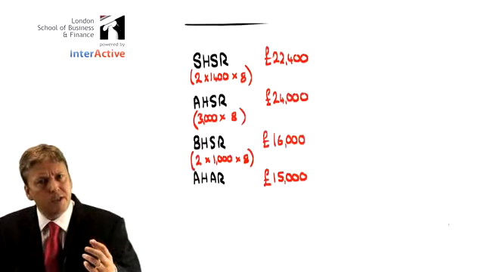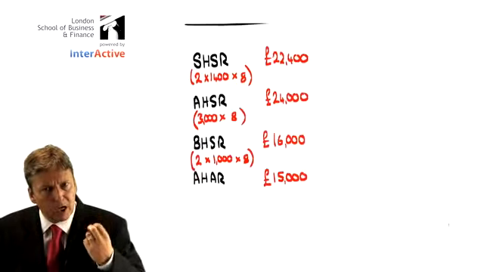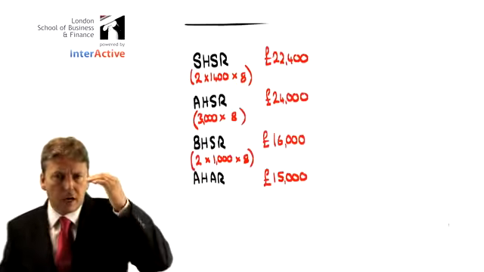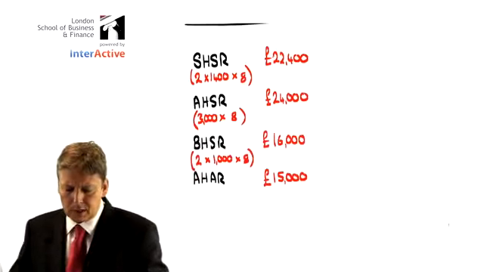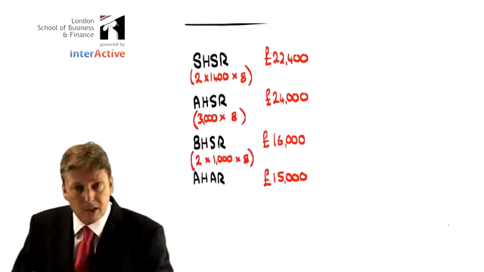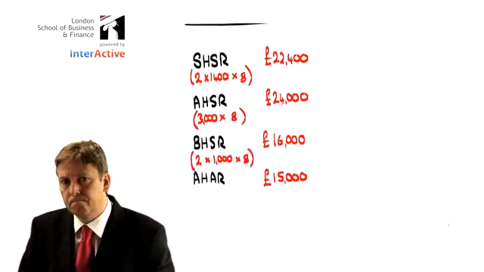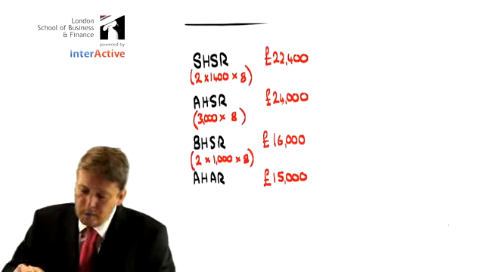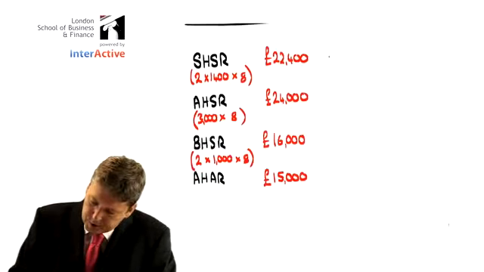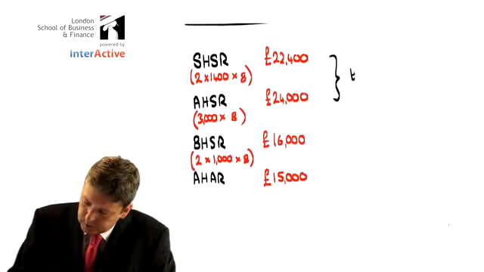What variances can we calculate from these? Well, let's go through them bit by bit. If we look at the first two elements, standard hours at standard rate and actual hours at standard rate, we've seen those before somewhere, haven't we? You may remember that those two elements make up the efficiency variance.